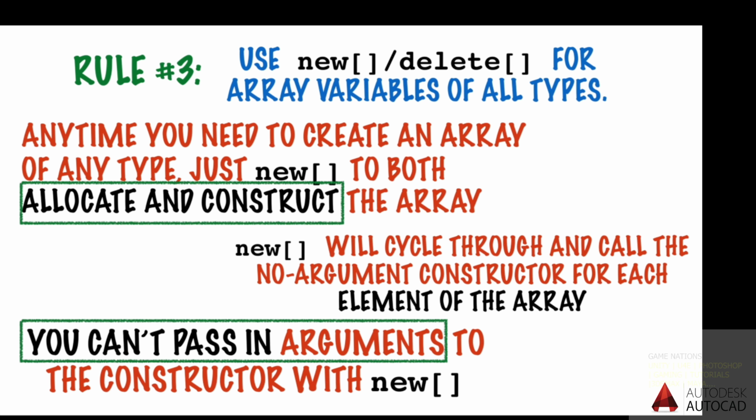It will only call the default no argument constructor. What you'll then have to do to initialize the variables to the values that you want is to call explicit setter methods on each object. So do remember that new, when used with square brackets for constructing arrays of objects, will call the default no argument constructor.